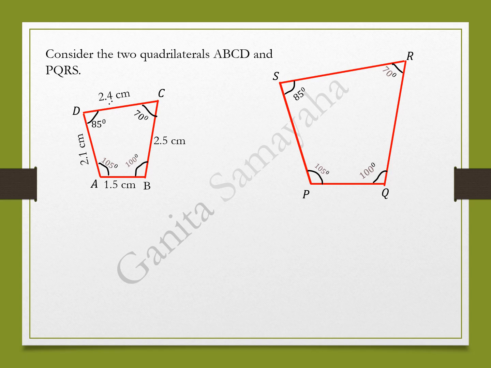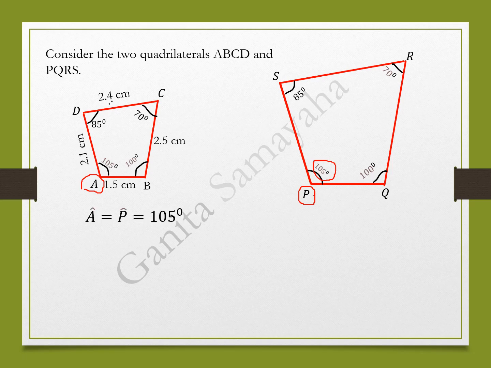The first condition is the angles must be equal, isn't it, children? So let us look for the angles. See angle A here, it is 105 degrees. And do we have any other angle from the other quadrilateral that is 105? Yes, we have one more angle here which is 105, and that is angle P. So what can we say about angle A and angle P?